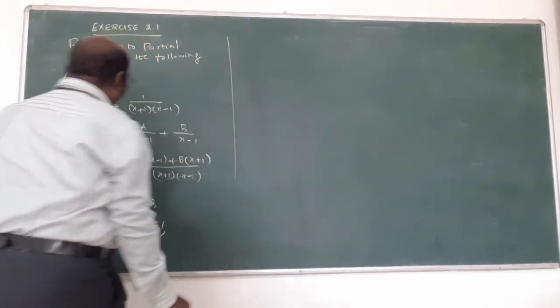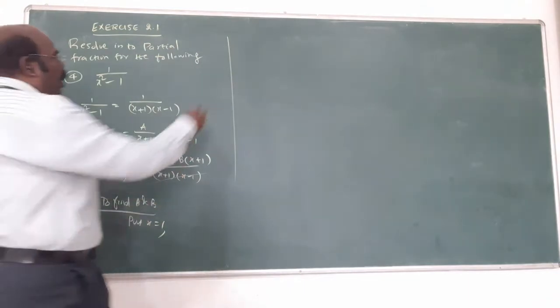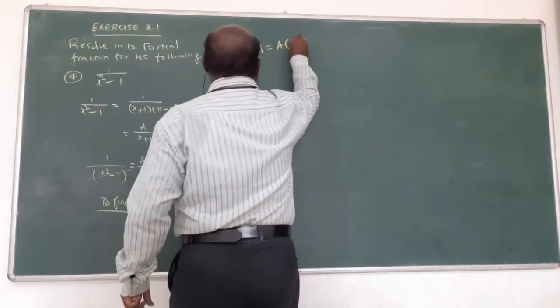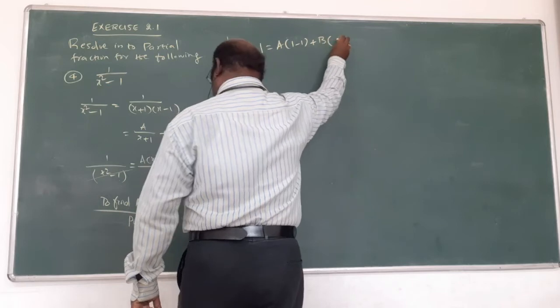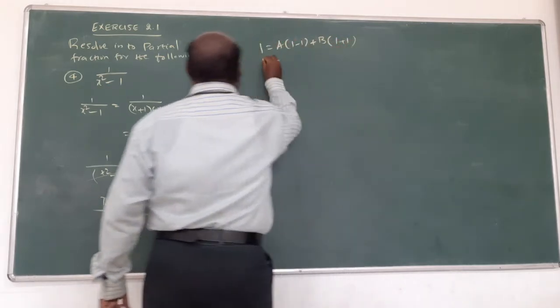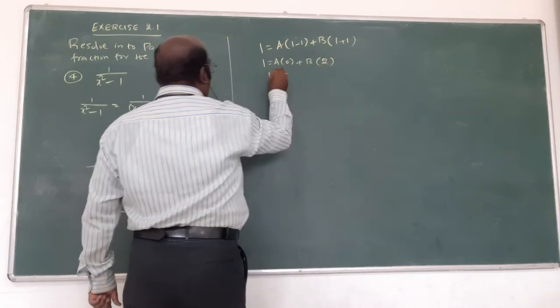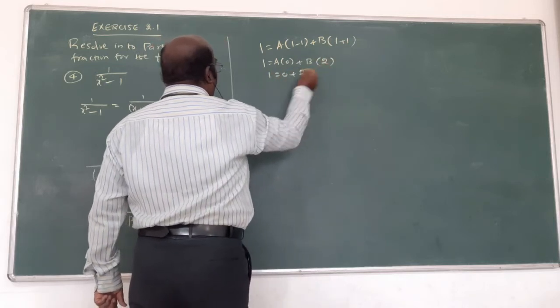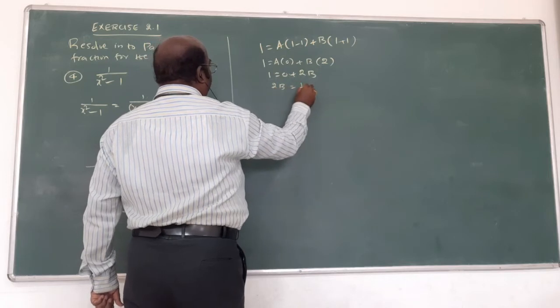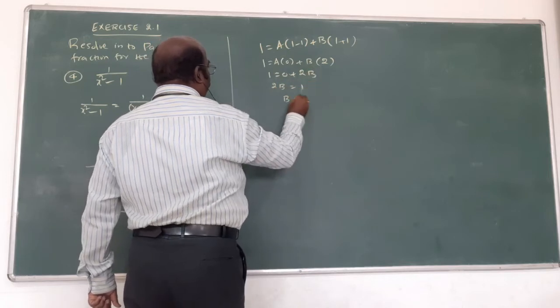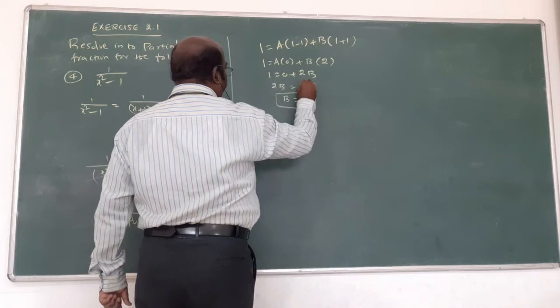In left hand side, no x there. Only 1 is there. 1 equal to a into 1 minus 1 plus b into 1 plus 1. Am I right? 1 equal to a into 0 plus b into 2. Now 1 equal to 0 plus 2b. But 2b equal to 1. B equal to what? 1 by 2 is the answer.